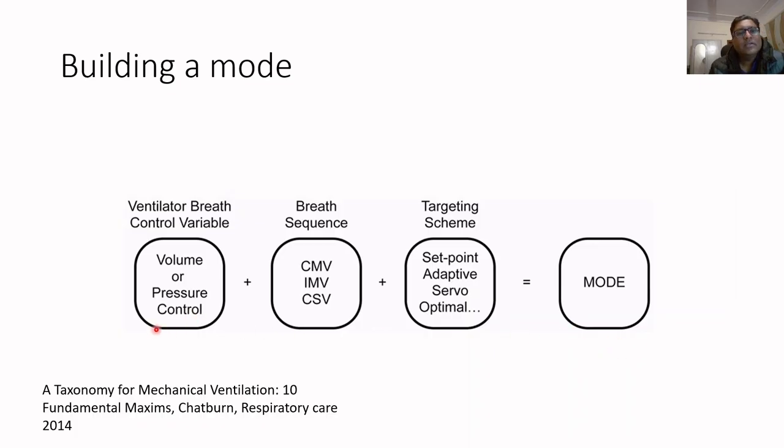If we define all these parts of a breath, then we know the type of mode and what this mode is exactly doing. This also gives us the ability to compare modes between the various brands. The same mode may be available under various names in various brands, but if we know these technical concepts, then we know what exactly that mode is doing to the patient.